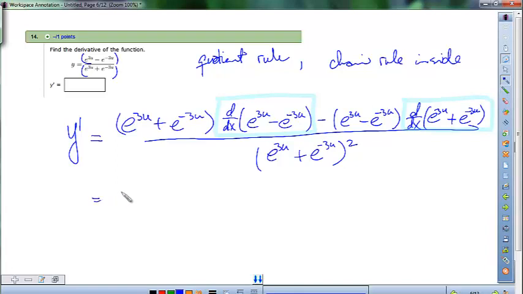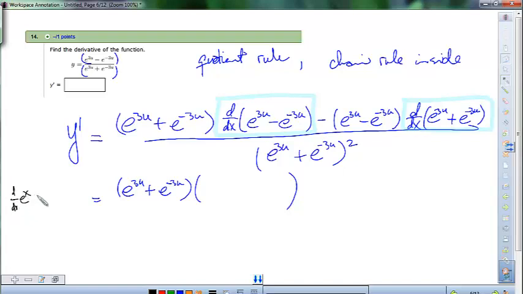So let me rewrite everything over. E to the 3u plus e to the negative 3u times, now let's take the derivative of this thing. The derivative of e to the 3u. So remember that the derivative of e to the x, if you have your formula list, is equal to e to the x itself.